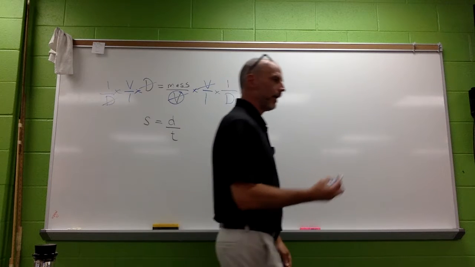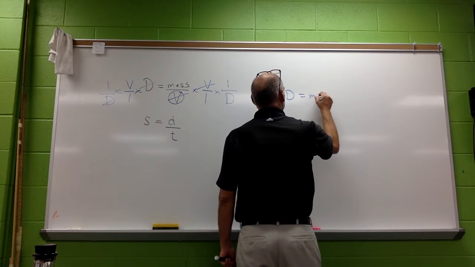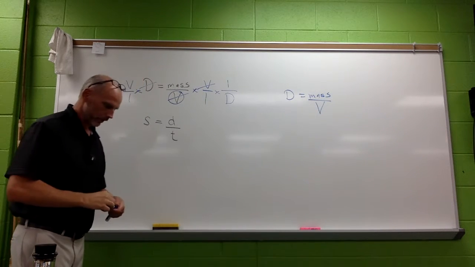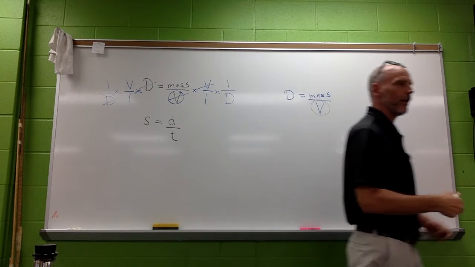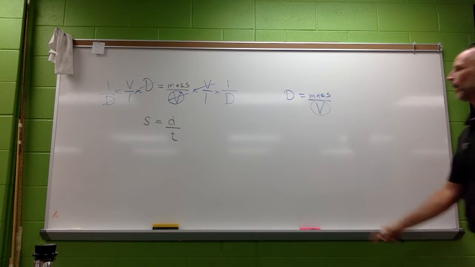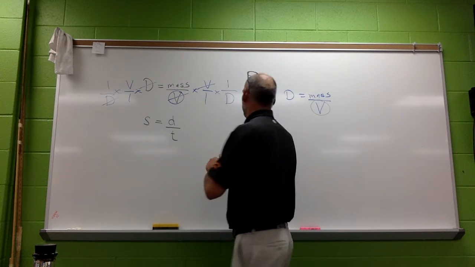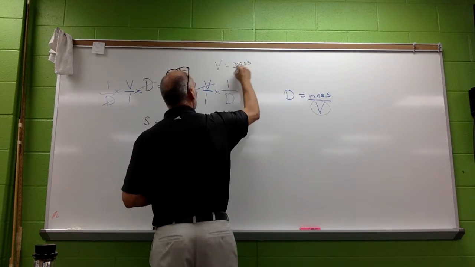Now, let me show you how to do that the fast way. Okay? Here's the variable that I'm solving for. Once again, what must be true of that variable when we've got it isolated? By itself in the numerator. Where did the volume end up when we were all done over here? When we were done, it was volume equals mass over density.